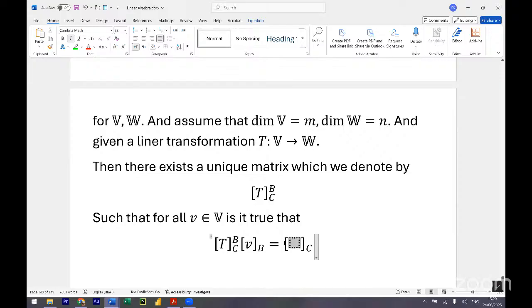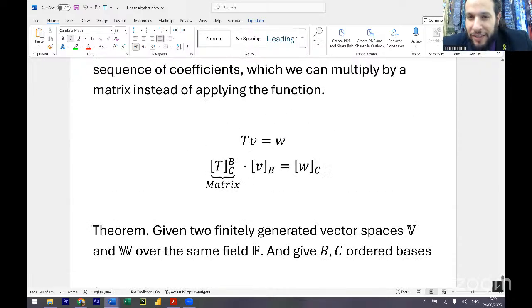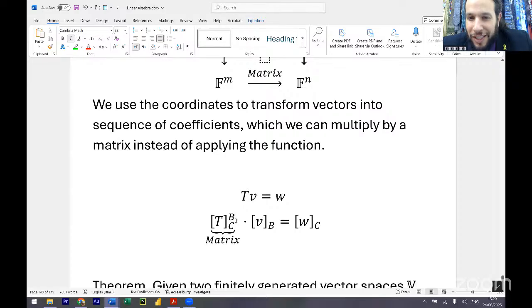It's T of V, which is W, right? It's the same thing. But beforehand, I told you, let's write T of V equals W, and then I use W. So in general, I don't need to take this extra step.